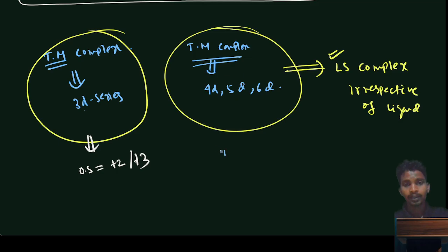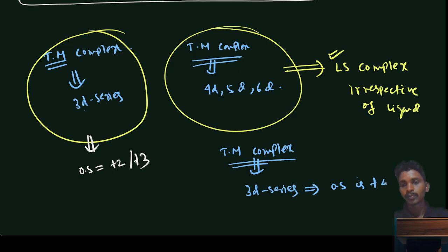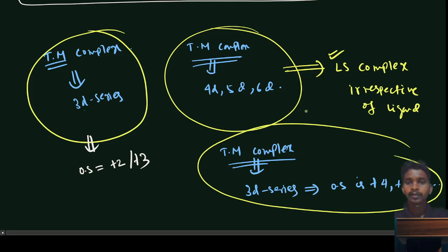Otherwise, if it is a transition metal complex of the 3D series but the oxidation state is +4, +5, like this, then also low spin complexes will always happen.